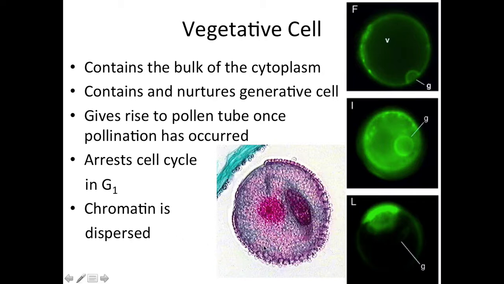It has to produce the nourishment that's going to be required by the pollen grain in order to make a pollen tube. It's going to have to make molecules that allow the pollen tube to move through the style. It's going to have to make the molecules that are needed by the generative cell to undergo mitosis to make the sperm.